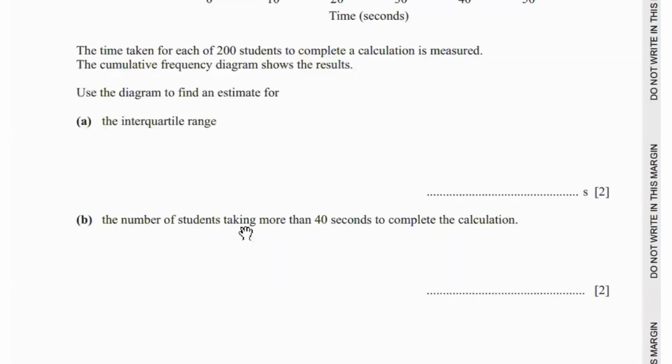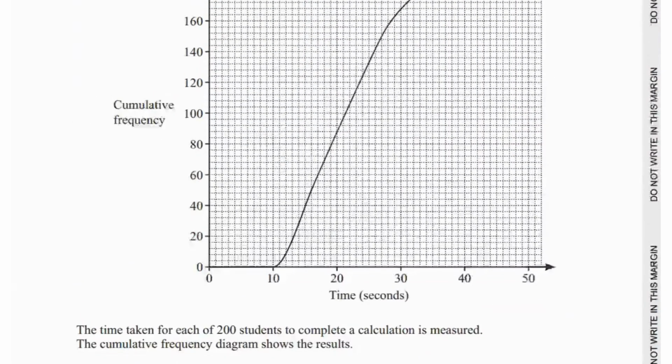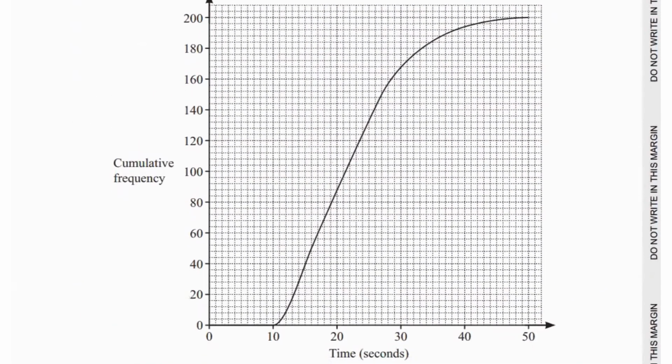Then part B is the number of students taking more than 40 seconds to complete the calculation. So for more than 40 seconds, you draw a line from 40 towards the graph.